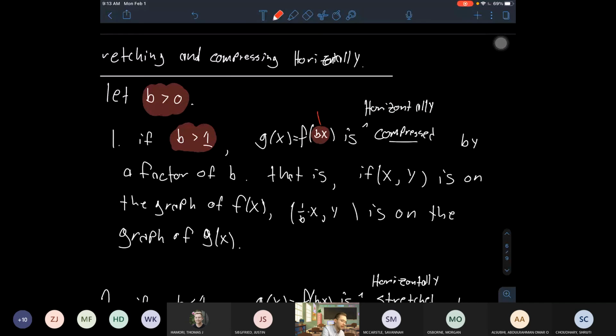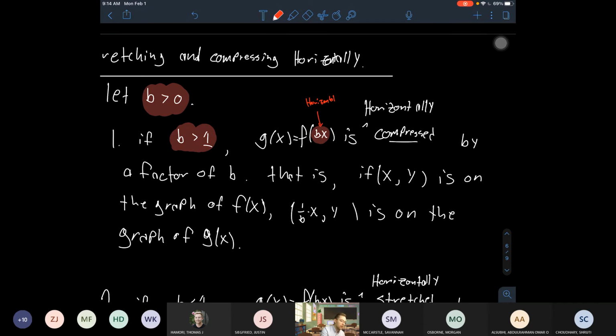Remember, everything on the inside has to do with horizontal stuff. When we add a number on the inside, we get a horizontal shift. When we multiply by a number on the inside, we're going to get a horizontal stretch or compression, depending on if b is larger than 1 or less than 1.